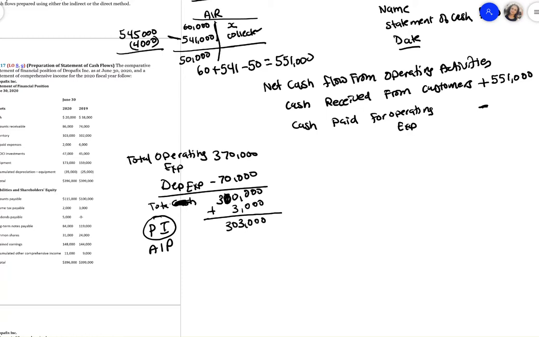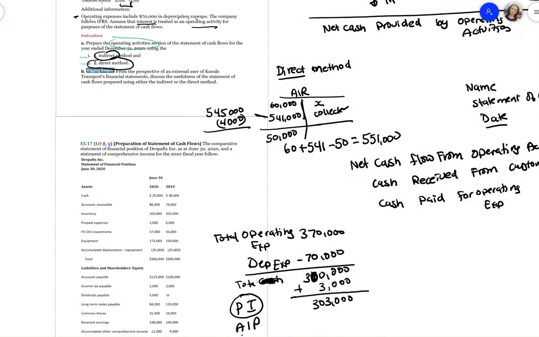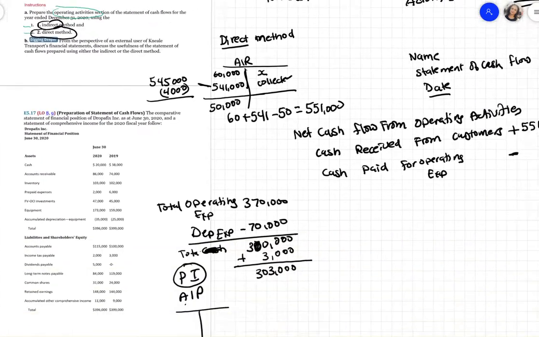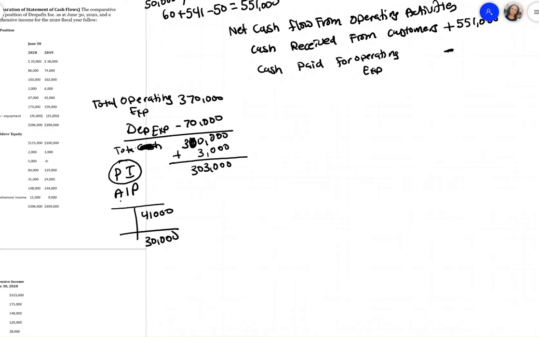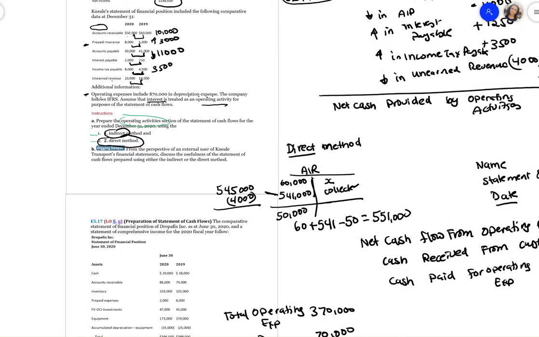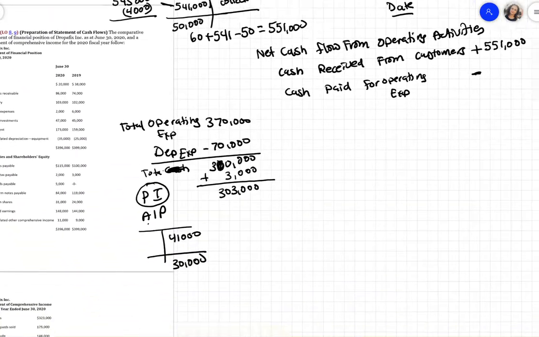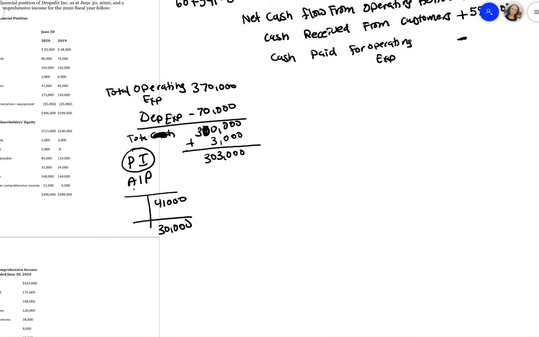From there, we want to know if any of the accounts payable was also paid for those expenses. If you're looking at your accounts payable, we need a beginning balance, which is 41,000, and an ending balance, which was 30,000. We know my operating expenses were 303,000.